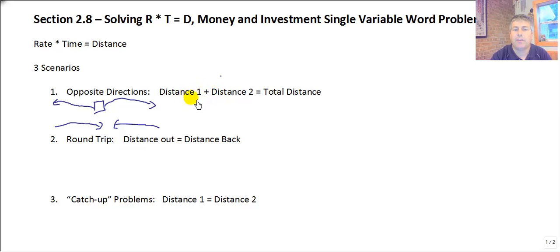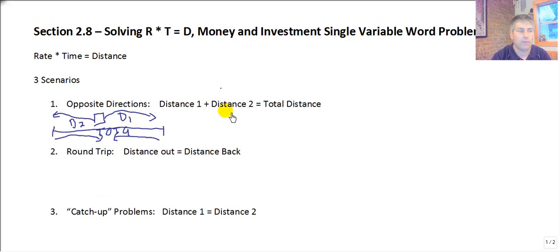So in an opposite direction problem, the distance of one vehicle and the distance of the other vehicle added together equals the total distance. Okay, and I do draw the diagram here. So distance 1 and distance 2 added together equal the total distance.